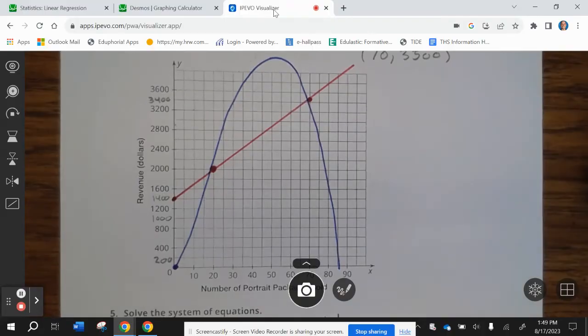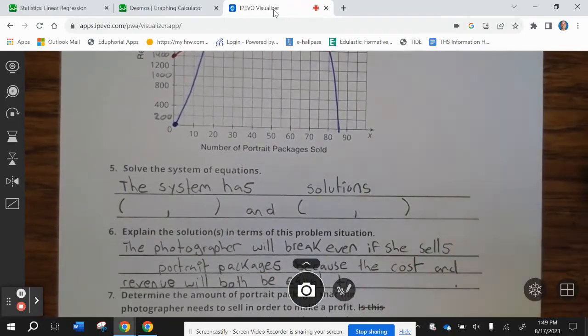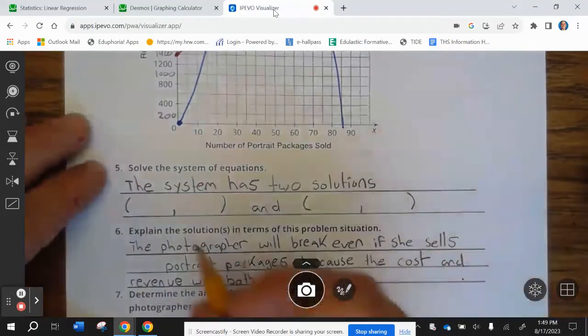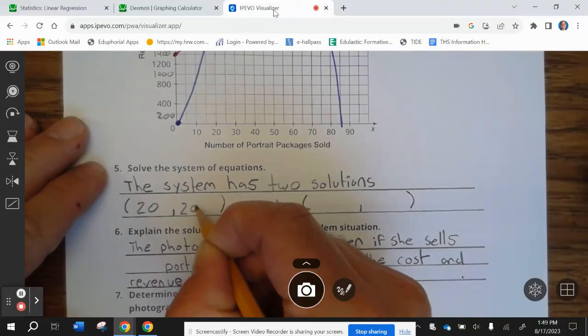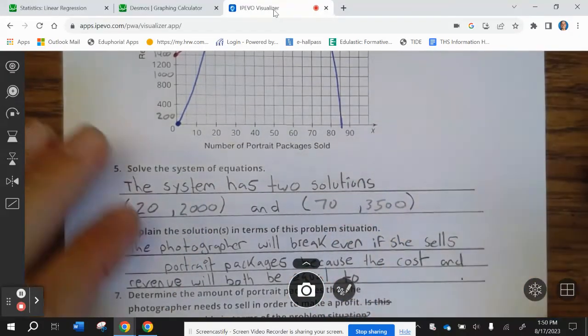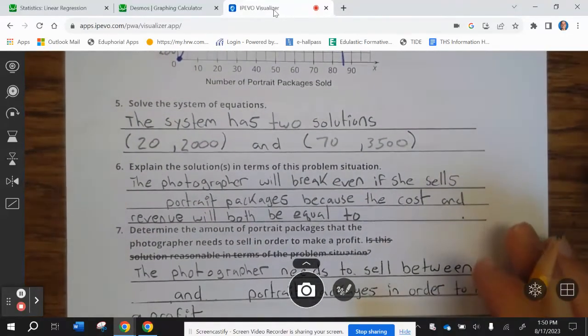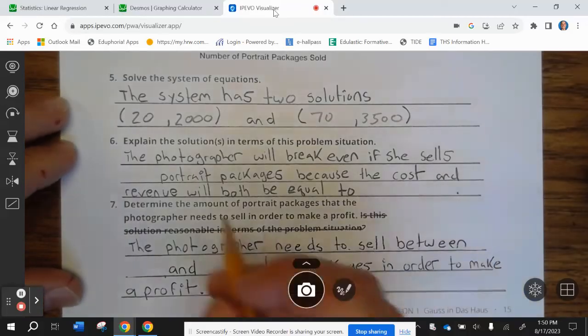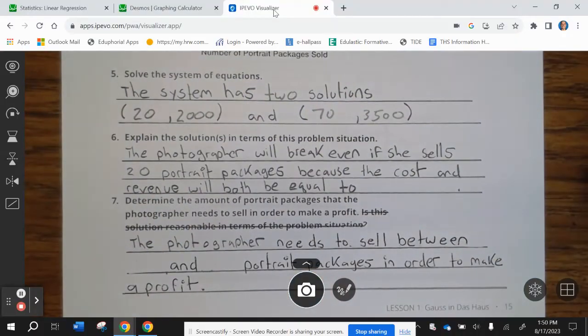All right. So solve the system of equations. The system has two solutions, 20, 2,000, and 70, 3,500. Okay. The photographer will break even if she sells 20 portrait packages because the cost and the revenue will both be the same.